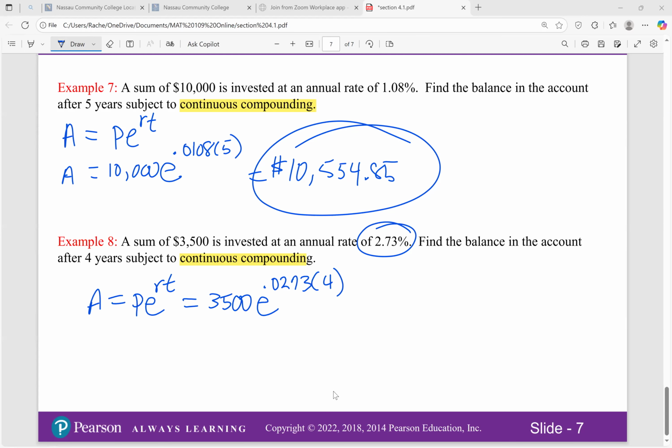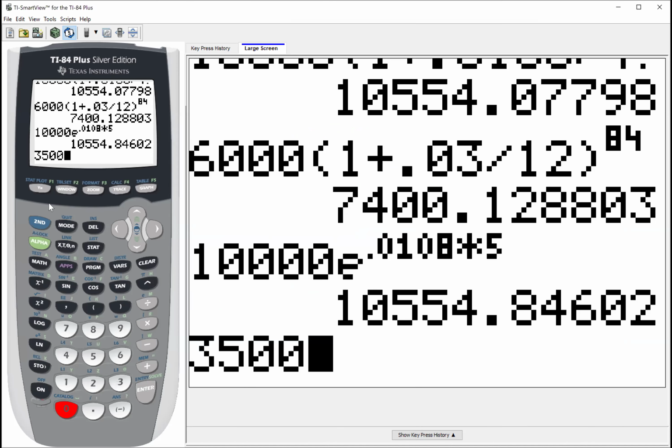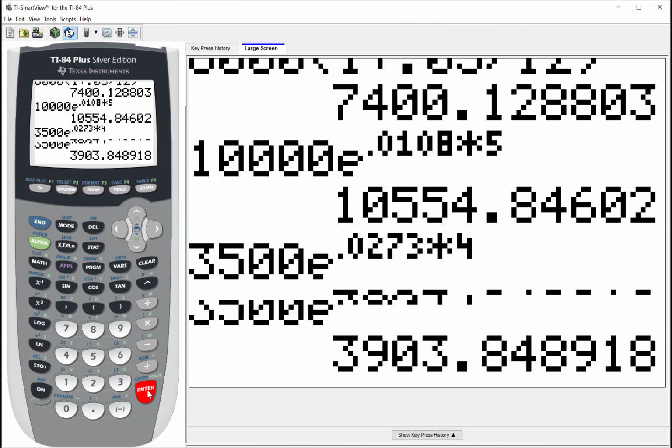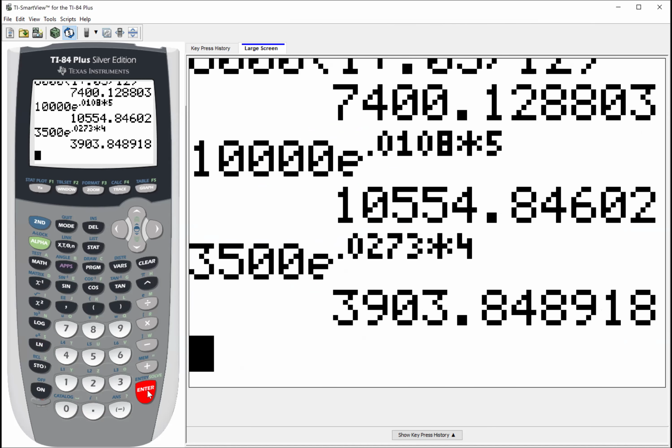So we have 3,500 times e to the 0.0273 and then times 4. And we get about $3,903.85.